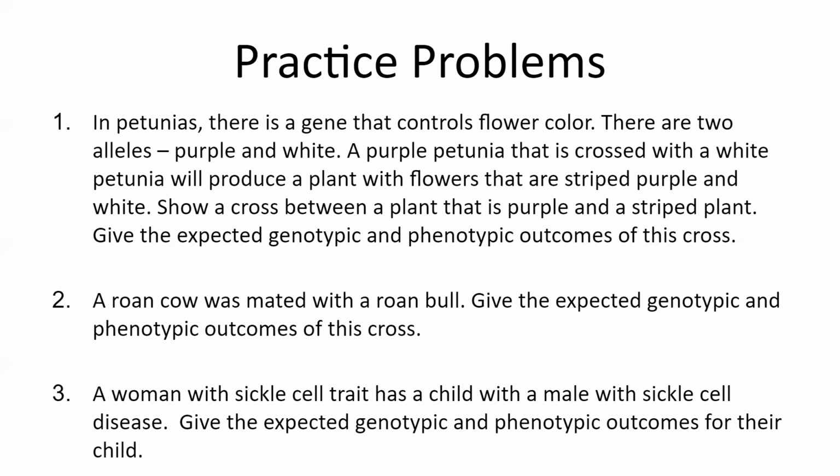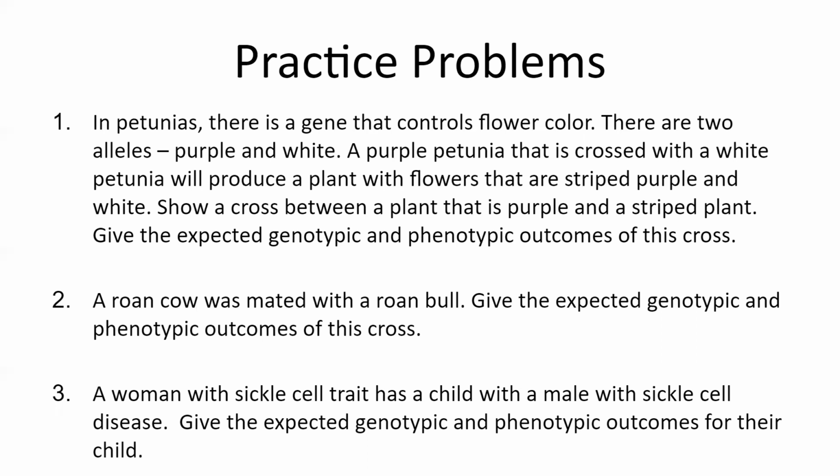The sickle cell trait means that she basically has one of the alleles. Because CN would be normal. So there's only two alleles. There's either the normal allele or the sickle allele. So if we're doing the sickle trait, that's going to be on our Punnett square.